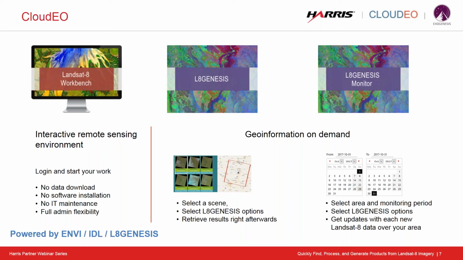Like that, even novices in remote sensing can explore Landsat-8 imagery and the benefits it can have. You simply select a scene, you select your L8Genesis options like standard or advanced indices, and you can retrieve results right after that.